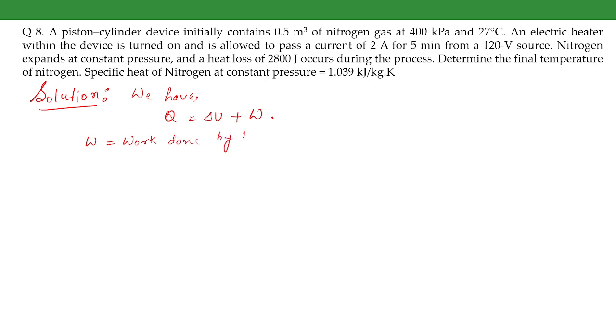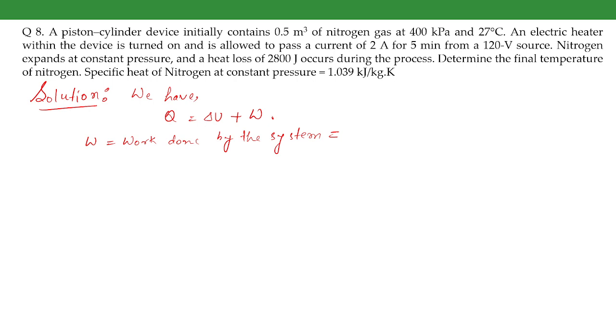by the system. Now this work done by the system can be of different categories. There can be a displacement work wherein the boundary of the system is being displaced, that is, the volume of the system is increasing or decreasing against a particular pressure value. It can have electrical work, surface tension work, and many other different forms of work.